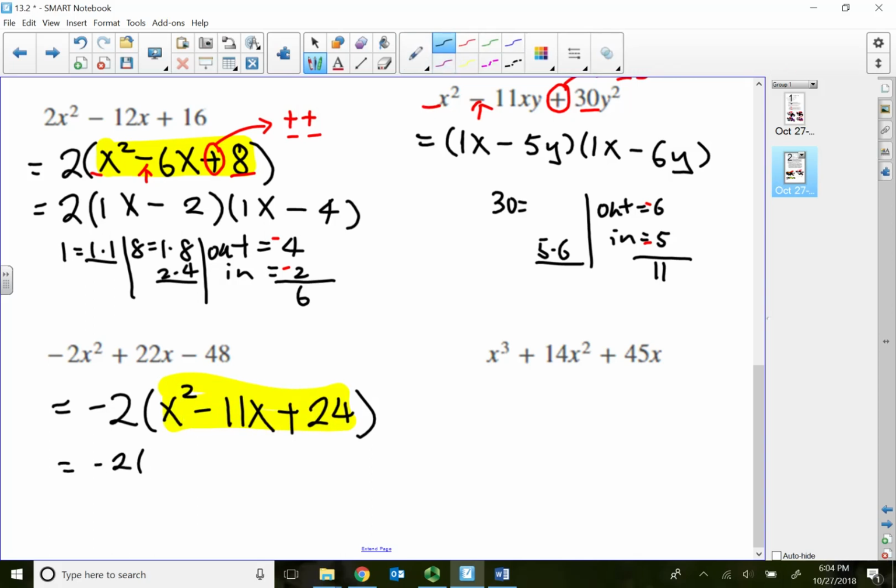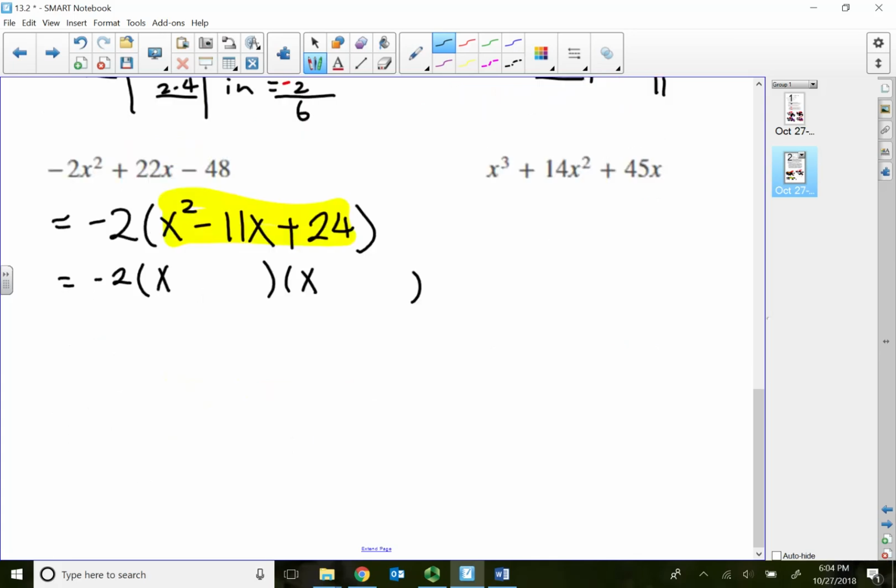So negative 2 times two parentheses. A factor of my first term, 1x squared, has to be 1x and 1x. I'm going to go ahead and put my x in there. 24: what times what is 24? Closest together is 4 times 6.